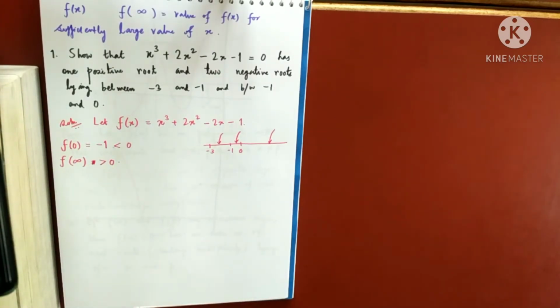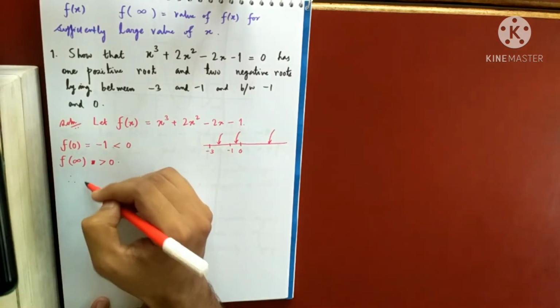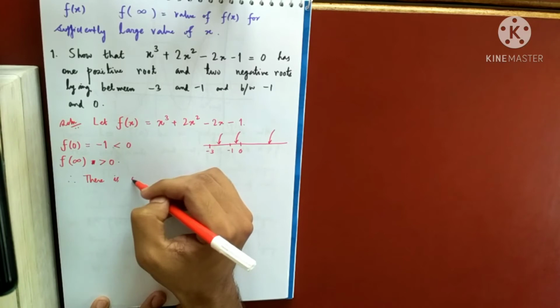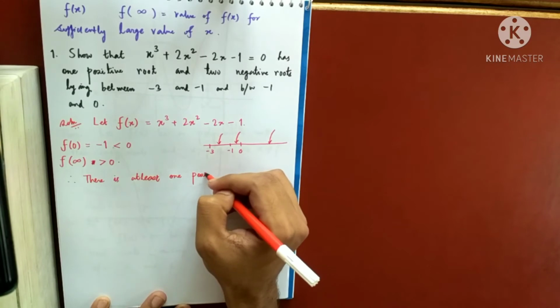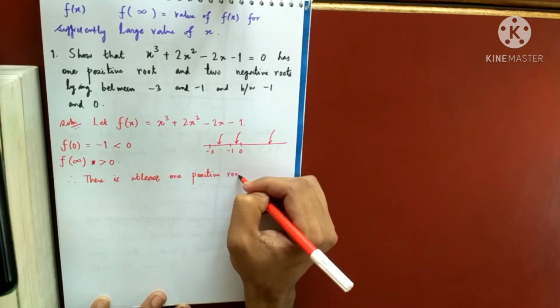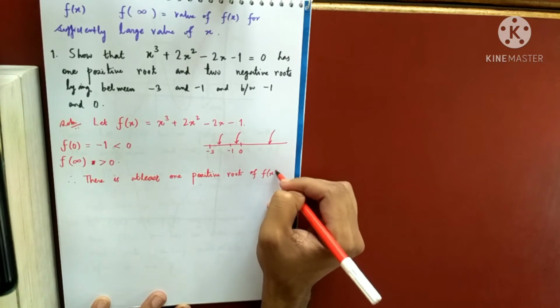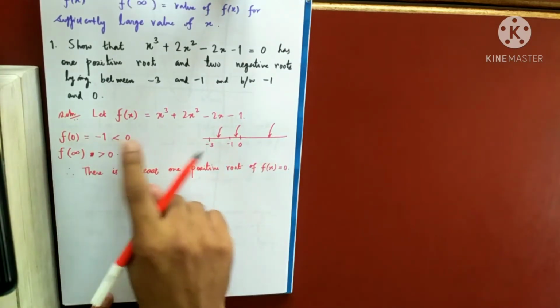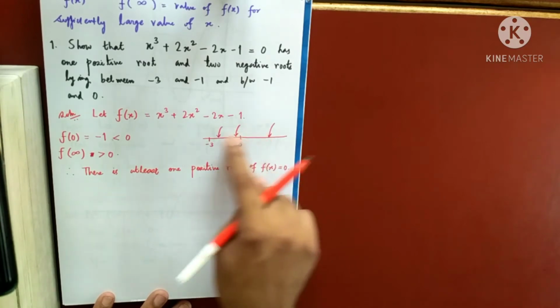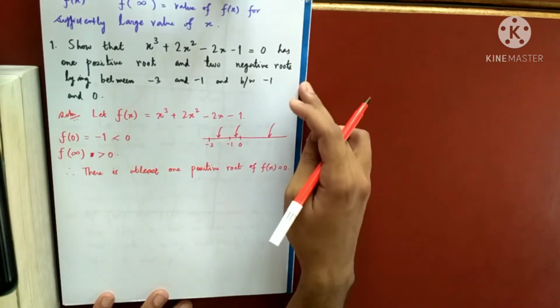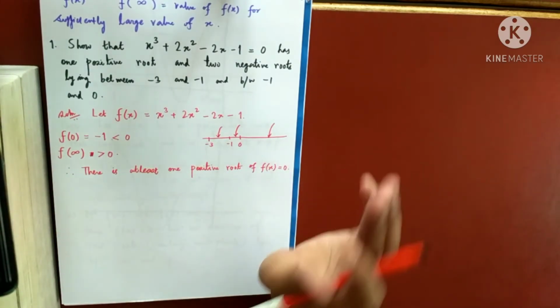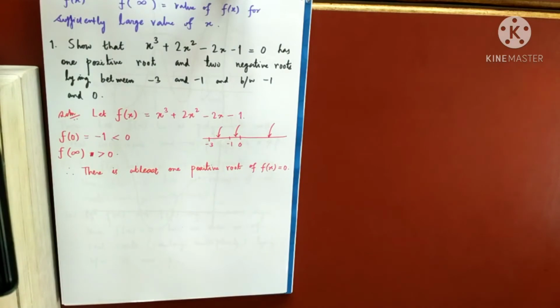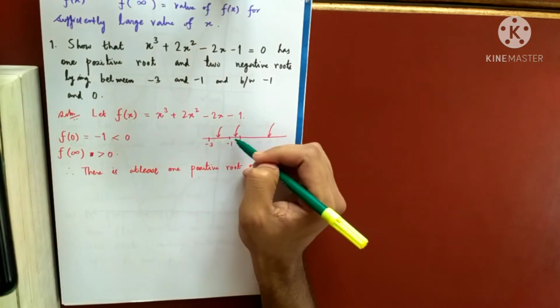So therefore there is at least one positive root of f(x) equals 0. Because f of 0 is a negative quantity, and for sufficiently large value of x it is positive, there will lie a root between 0 and infinity, that means there is at least one positive root. Now similarly, I have to show that a root lies between minus 1 and 0.